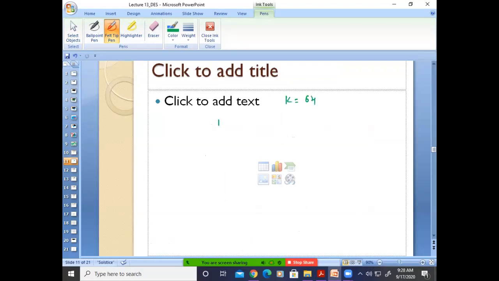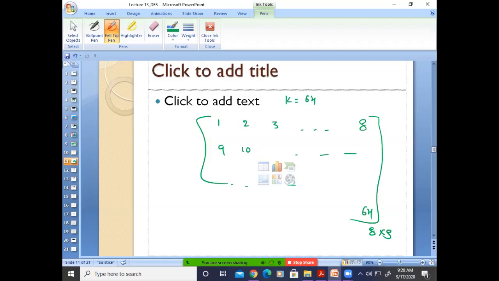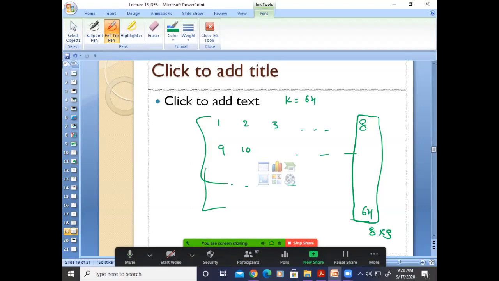When I arrange 1, 2, 3, and so on, 8, 9, 10, and so on, how many? 8. If I make an 8 by 8 matrix, the last bit will be 64. Correct? So in permuted choice 1, generally what they have done is this 8, I mean 1, 9. So how many? 8 by 8.